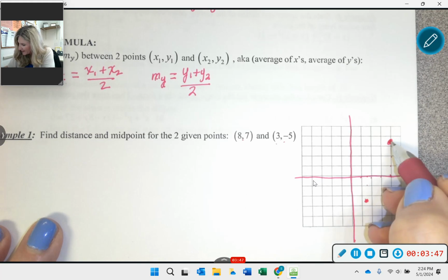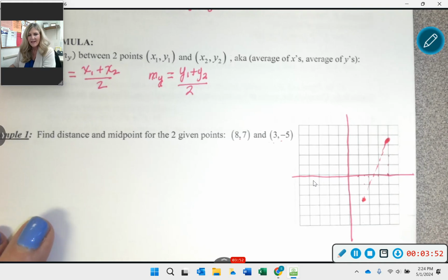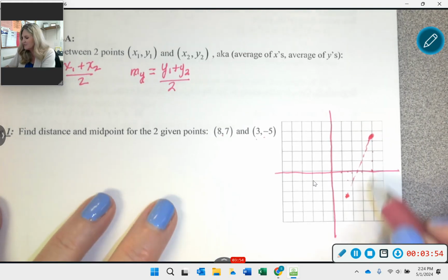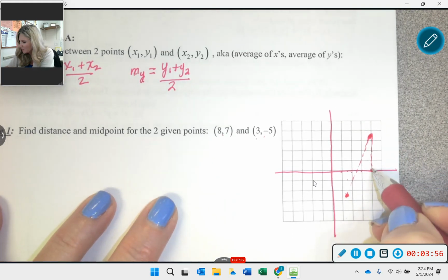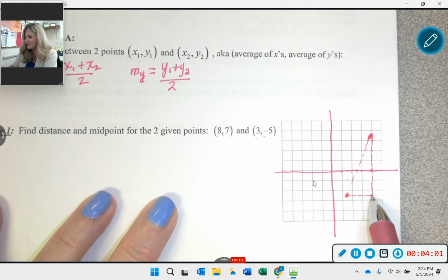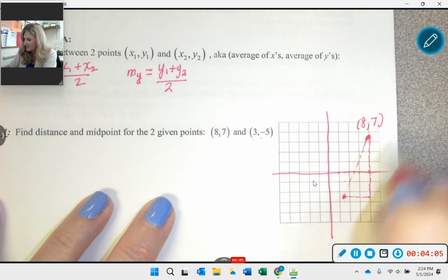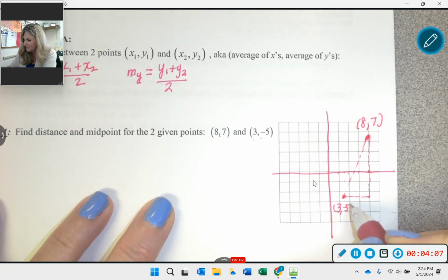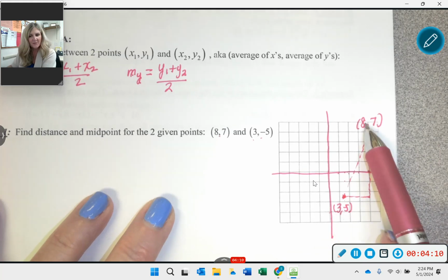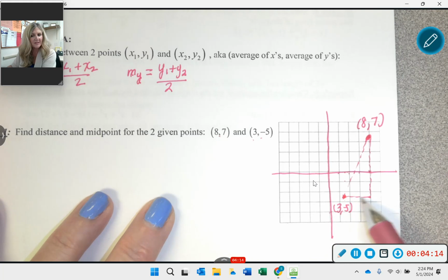So I'm trying to find how far apart these are. What I could really do instead of using the distance formula is just think of this as a right triangle. Drop this down here. How far is it between these x's? This point is at 8, 7. This point is at 3, negative 5. How far is it from 3 to 8? 5.